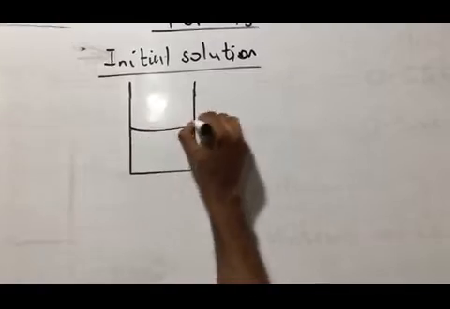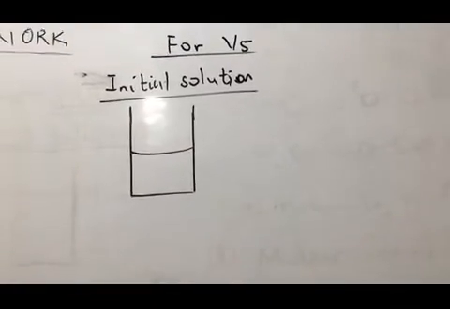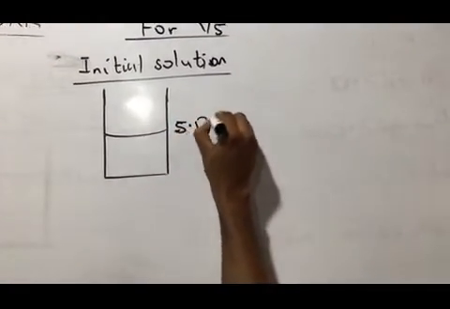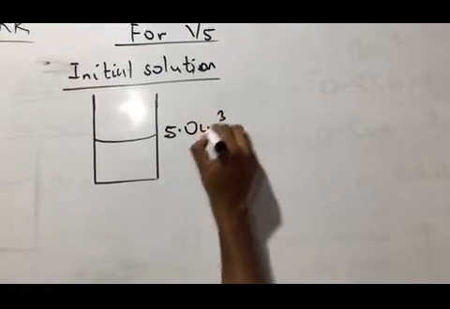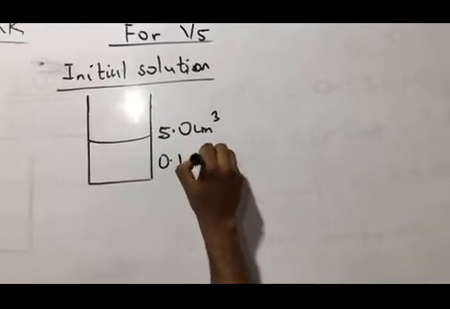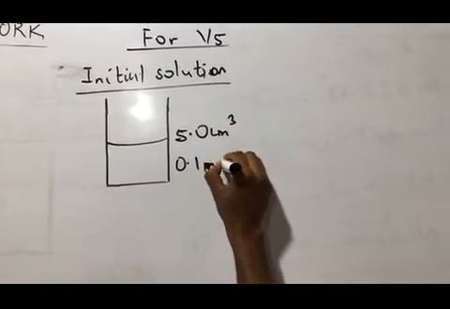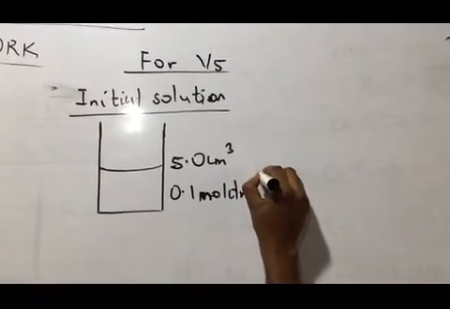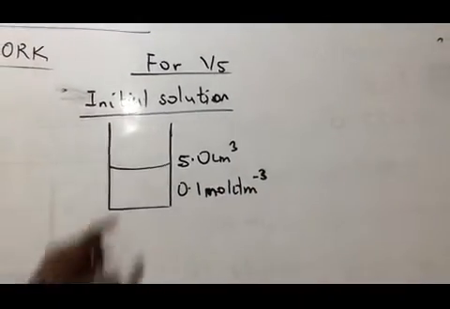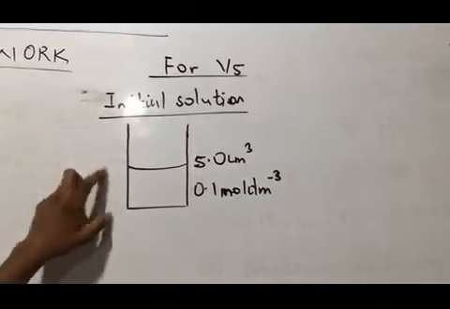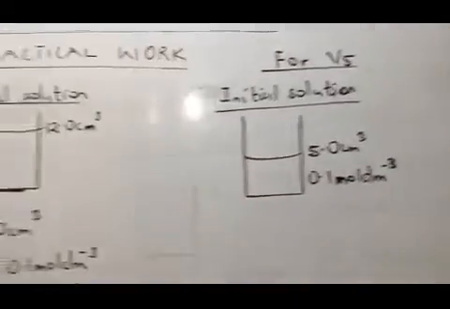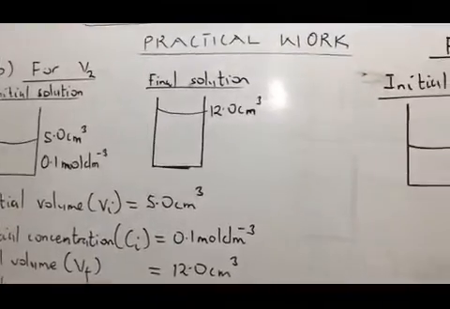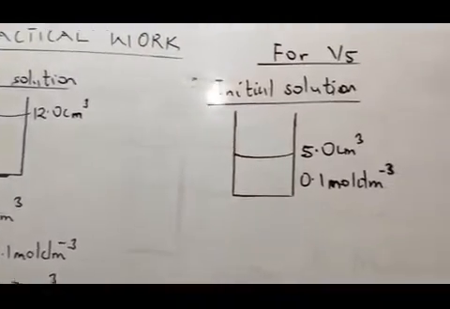and please don't forget that for all the measuring cylinders, the initial solution is the same. They all contain 5.0 cm cube of the 0.1 mole per dm cube NaOH solution. So the initial solution information here is similar to the information for V2. It has not changed. It's the final solution that differs.